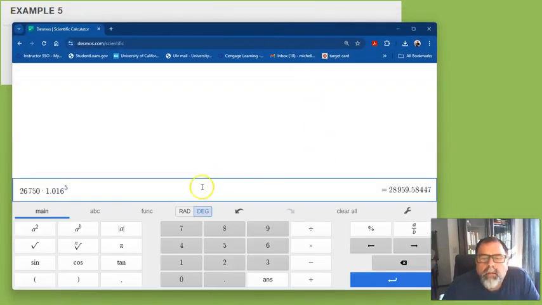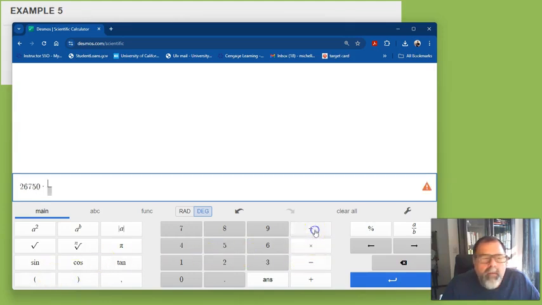And then we're going to punch that in our calculator. So the initial amount was 26,750 times, oh, I need my fraction bar here.